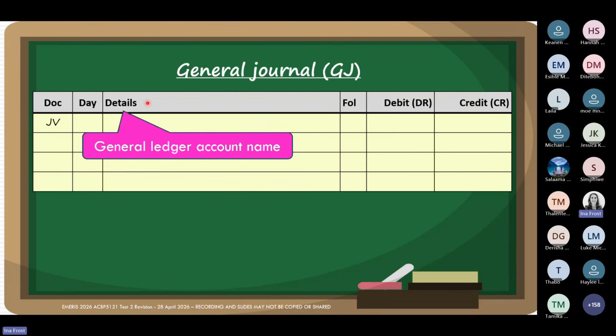We're looking for the names of the general ledger accounts that we are going to debit and credit as part of this entry.